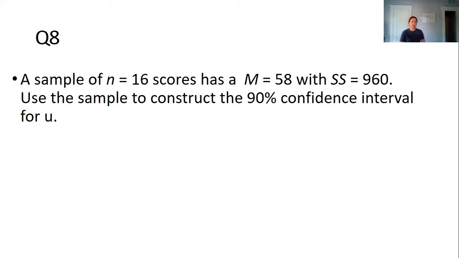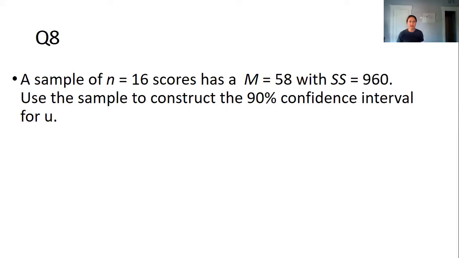Okay, so we know that this sample has an average of 58, but where can we expect the population average to lie? With 90% confidence, what is the window that that population mean could be? Is it between 50 and 65? Is it between 55 and 61? The confidence interval is going to give us that range of values that tells us where we can be somewhat confident the population mean would lie.